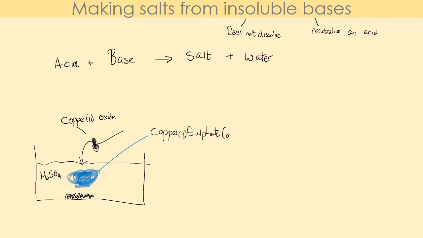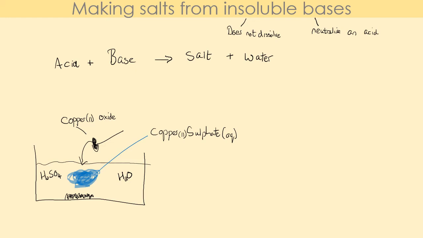And it is aqueous. It is a salt. It has now dissolved in the water. The oxide has combined with the hydrogen to form water. So we now just have H2O on there.